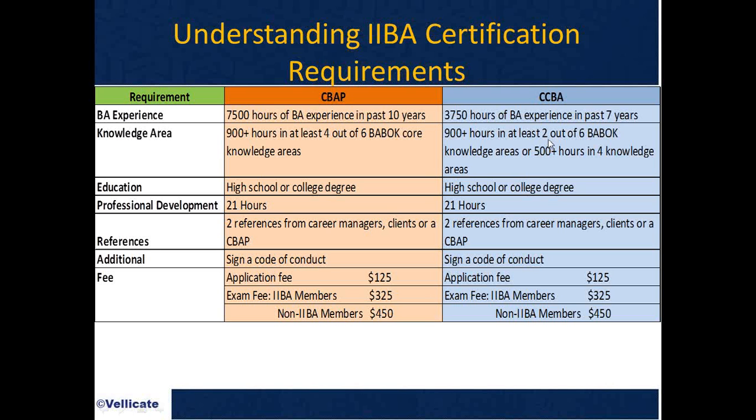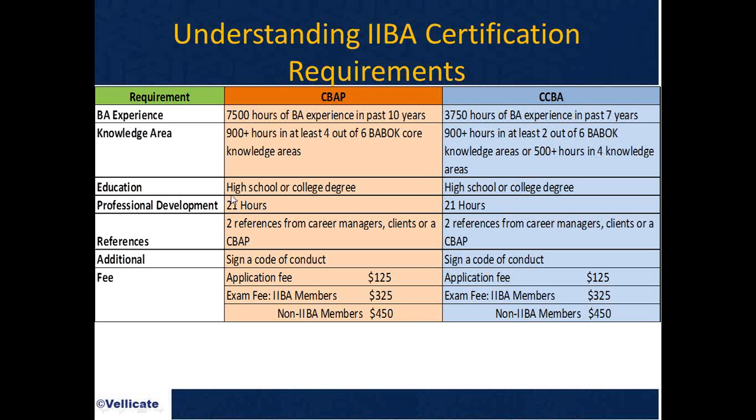For CCBA, which is for intermediate BAs, IIBA does recognize that you may not get an opportunity to work in all the areas from the beginning, and therefore you may have 900 hours in 2 out of 6 knowledge areas, or you could have 500 hours in 4 out of 6 knowledge areas. Okay, so this is the requirement from the perspective of BA experience.